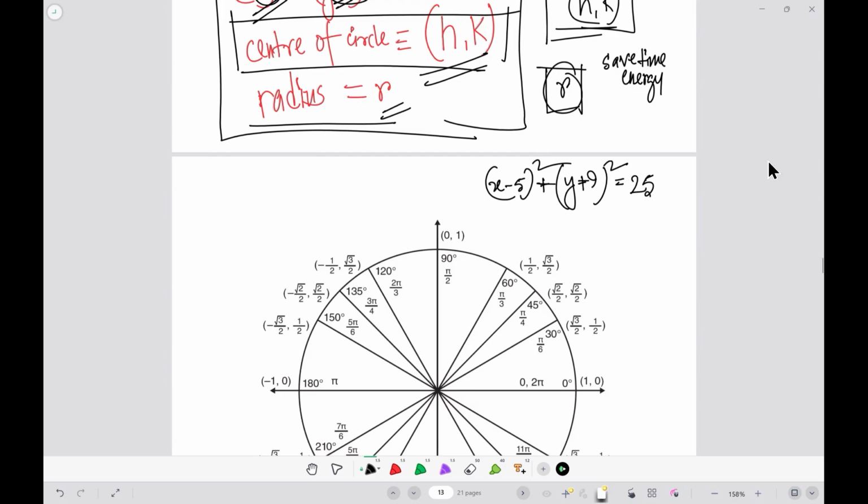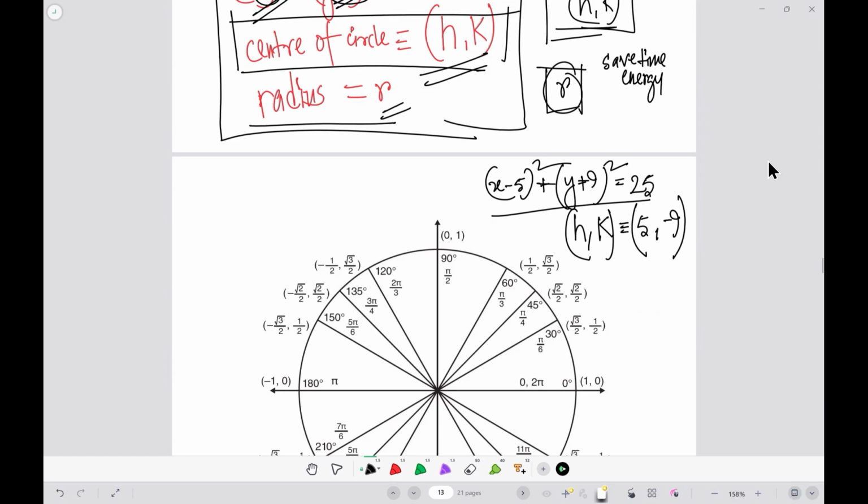If this is an equation of a circle, then the value of h comma k would be 5 comma negative 9. Do you understand? This is gonna be 5 comma negative 9.